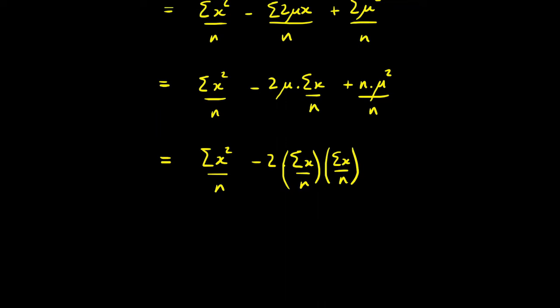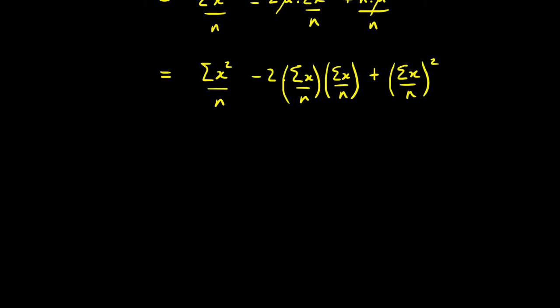Then n divided by n cancels off, and I'm left with mu squared, which is sigma x upon n, all squared. So I replace the mu with sigma x upon n. Now this is sigma x upon n times sigma x upon n, which is the same thing as sigma x upon n, squared.